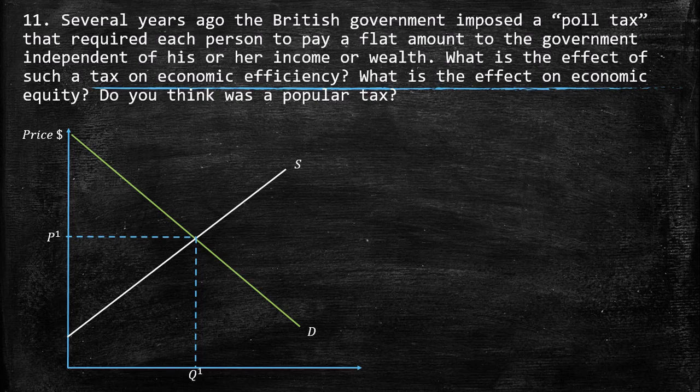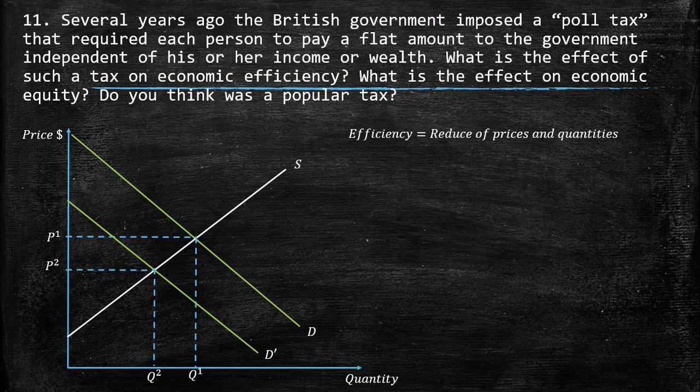Okay, so in this case what the government is doing is reducing the acquisitive power of the population, so the demand is going to decrease, it's going to move left. Now there are going to be new quantities and prices traded in the market.